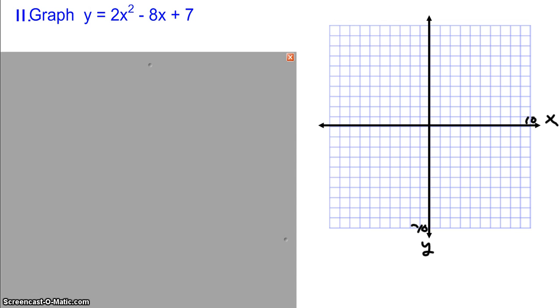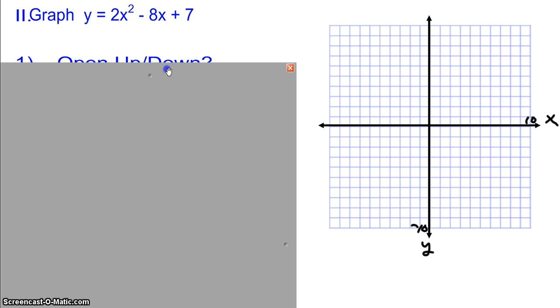Okay, so if you knew nothing more than you know now, and somebody gave you this equation and said graph it, one thing you would know is there's a squared input, so this is a quadratic. So what shape would this be? This would be a U shape. Would this thing open up or down? How do you know?